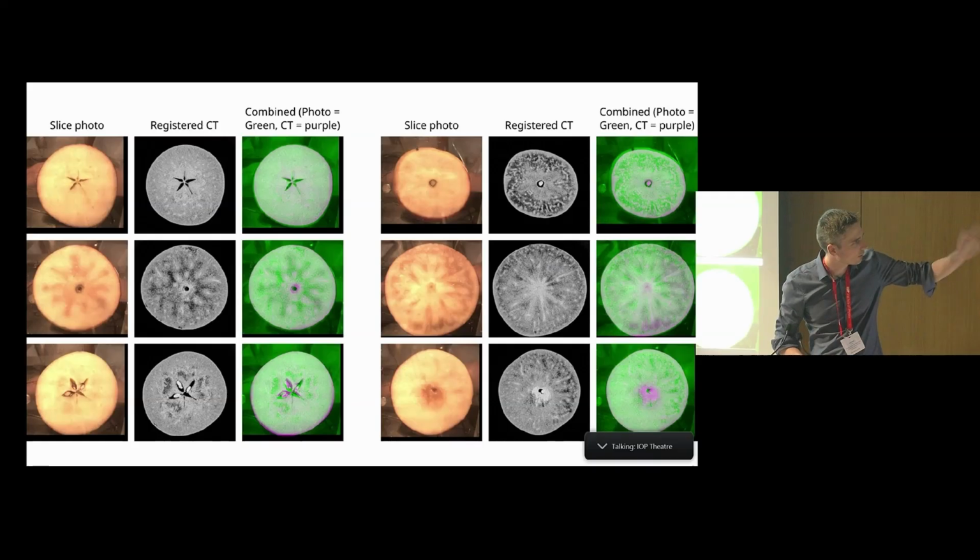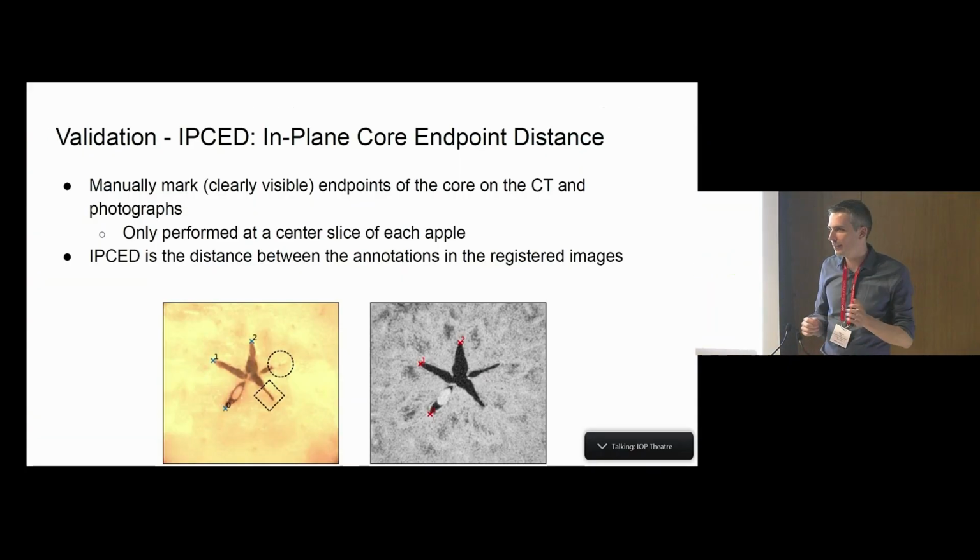And in the rightmost column you can see the registration overlay to get a qualitative view of the registration quality. But I also wanted to quantify it in some way. So I used the only feature that is clearly visible on both the CT scan and the photograph, and that's the core of the apple. First on the photographs, without looking at the CT scan, I annotated the core endpoints.